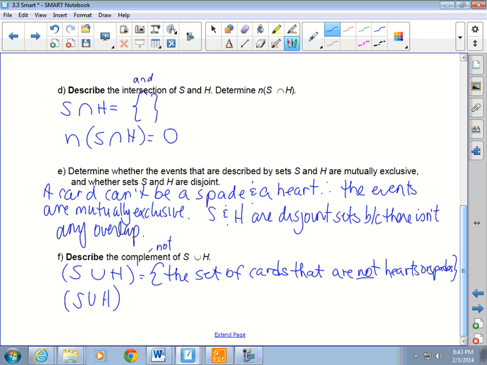So S union H complement then would be the set of clubs union diamonds.